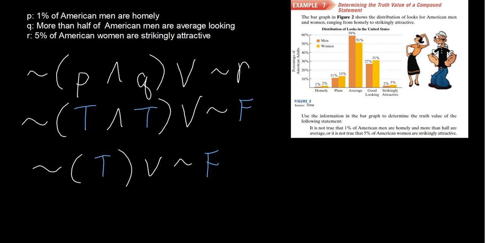So we're going to take off the parentheses there, and we end up with a statement saying not true or not false. Well, what is the opposite of true, right? Well, that's going to be false. And then or, what's the opposite of false? Well, that's true. Okay. Well, since we have the or statement here, I only need one of those statements to be true for this entire statement to be true. So therefore, this statement is true.